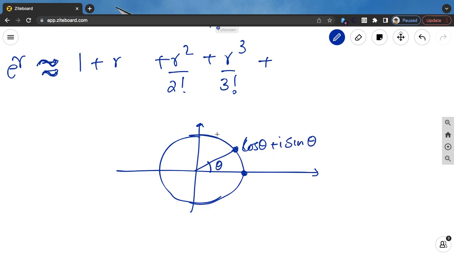If theta changes, it rotates. As theta changes, it will occupy different places along this circle of radius unity in this case, but it could have any other radius as well. So it is growing with an angle theta.